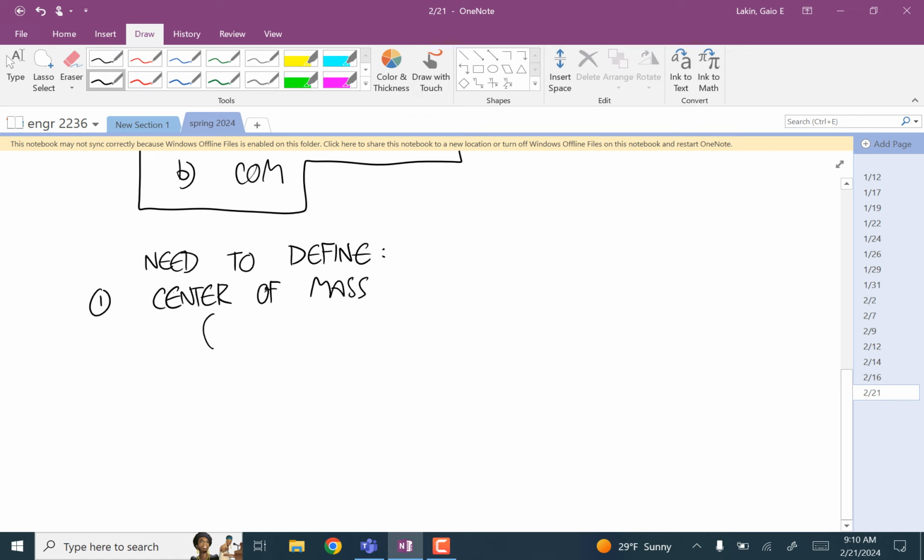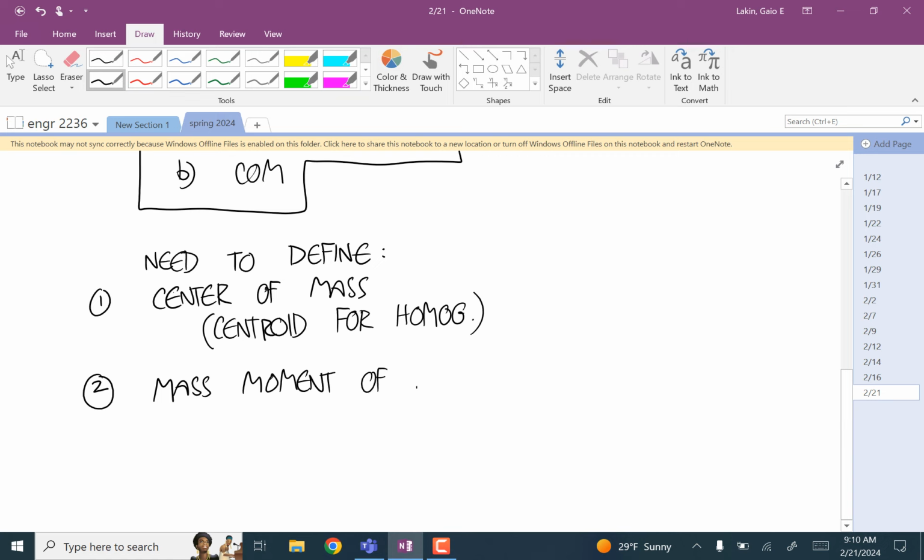And remember, that's the body's centroid for a homogeneous material. And we basically did this last time. And then we're going to need to define the mass moment of inertia. And we're going to denote that capital I with the about point in the subscript.